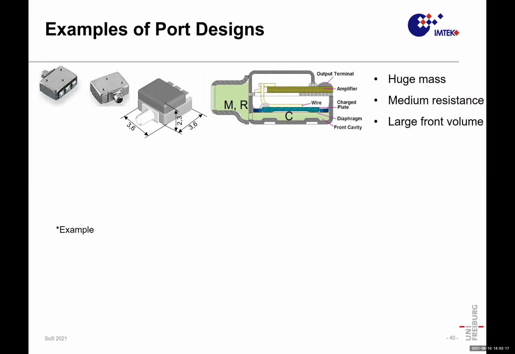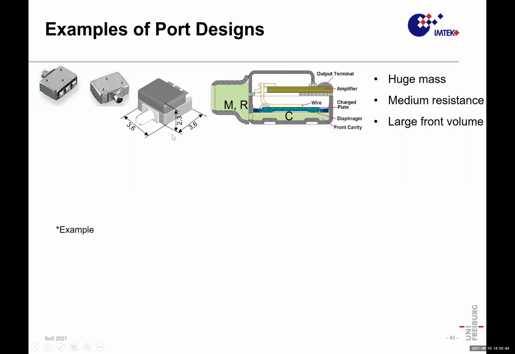And just to see some constructions of port designs, I have here cross sections of different microphones. So this is the classical microphone for hearing aids with a spout. This is where you put in this tiny tube, and of course, if you measure here already the volume and mass of this spout and the tiny front volume, this gives somehow a resonance to the diaphragm which is inside.